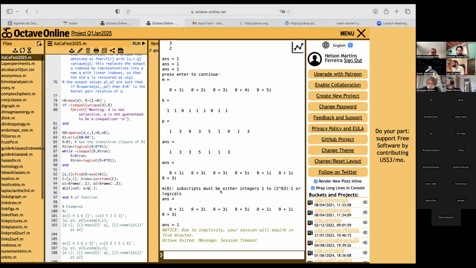And the nice thing is that these functions, unique and ismember and so on, I suppose were not designed from a categorical point of view, because they are just practical things to have at hand while you are programming.